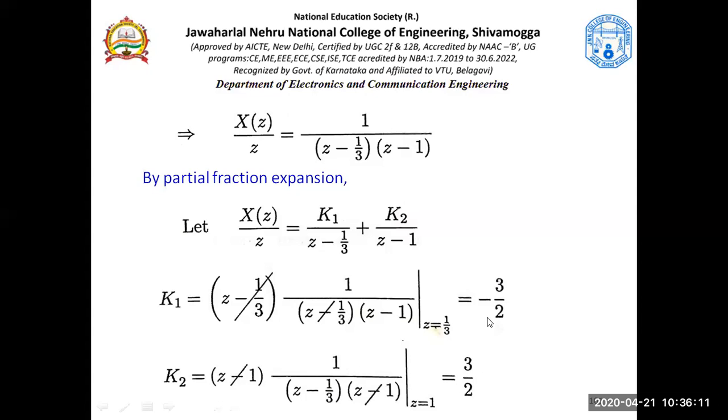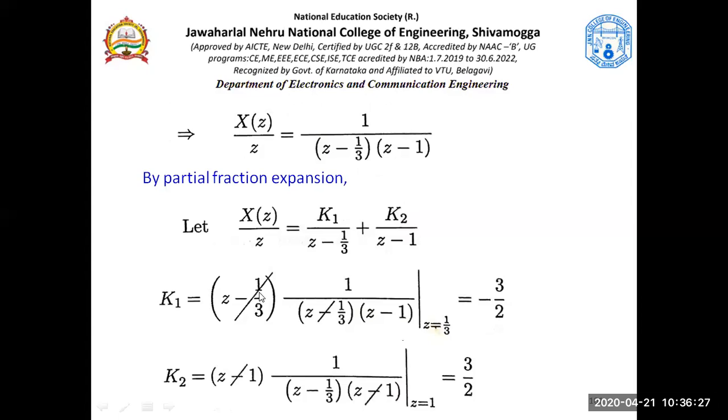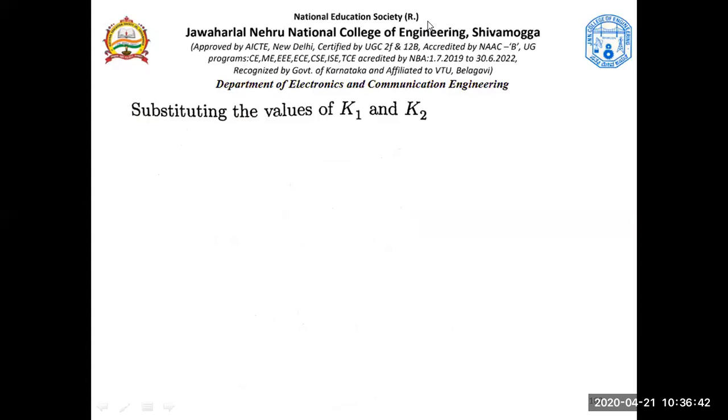Check this, and see how we obtain this after this problem. Fine. Now we substitute minus 3 by 2 and plus 3 by 2 here. So it would be minus 3 by 2 times 1 by this, and plus 3 by 2 times 1 by this. That is how we have arranged this.